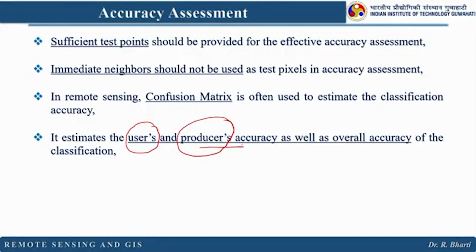In the classified image, if I am the analyst and I am reporting accuracy, that will be the accuracy of the producer. But if you are the user, then you will evaluate that accuracy in different terms, so your accuracy will be something different from the produced accuracy. The user's and producer's accuracies are different from each other, and depending upon which side you are, you will follow that accuracy.